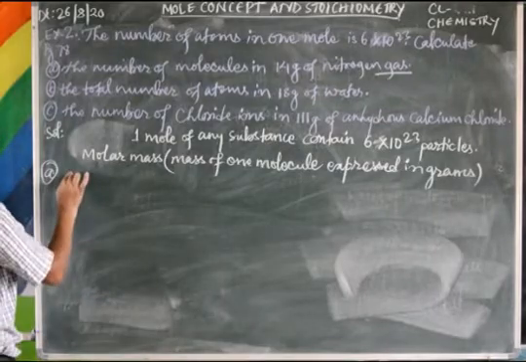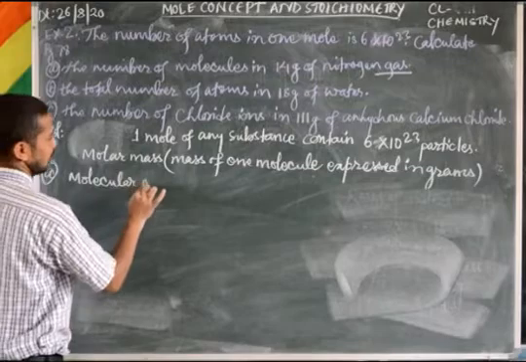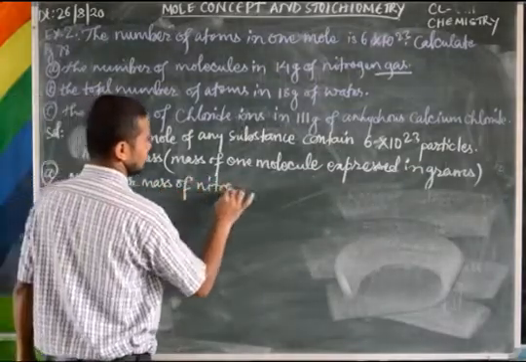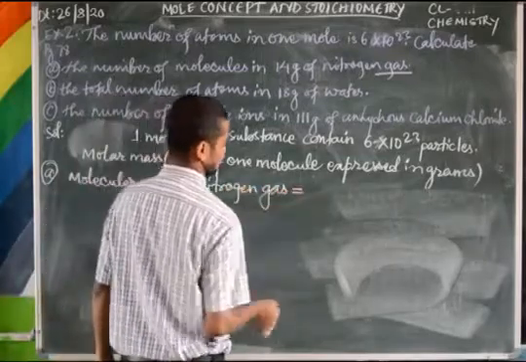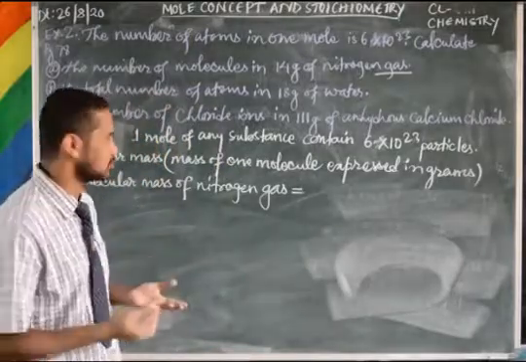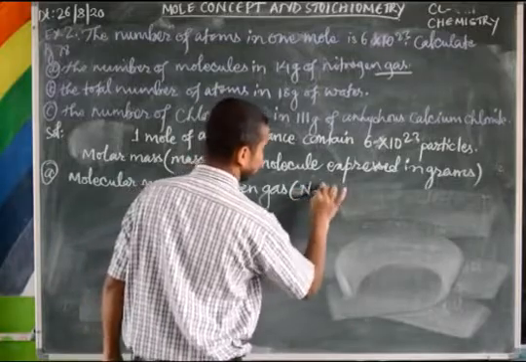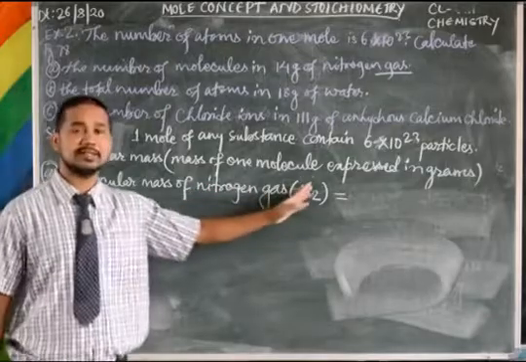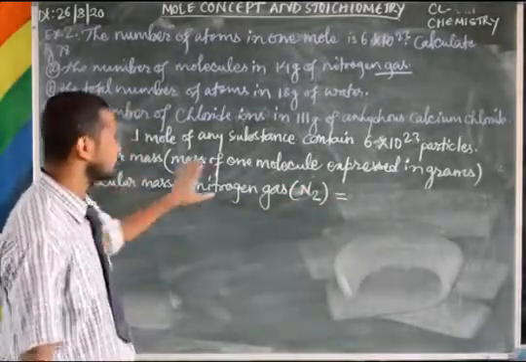Now what you must be knowing is molecular mass of nitrogen gas. Molecular mass you have to find. First of all, you must be knowing the molecular formula of nitrogen gas, which is N2.